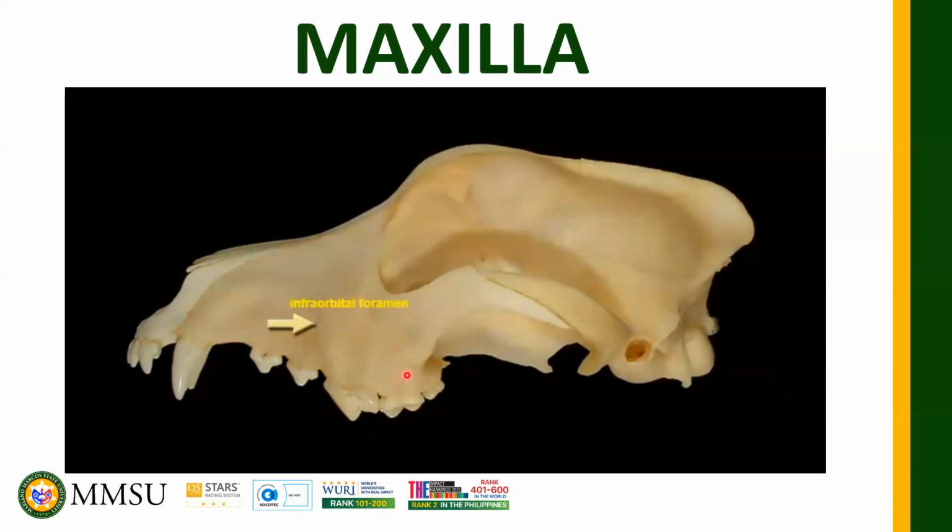The infraorbital nerve exits the skull through the infraorbital foramen, and then it will branch out into smaller nerves that usually supply sensation to the lower eyelids, the upper lip of our animals, and then the side of the nose.